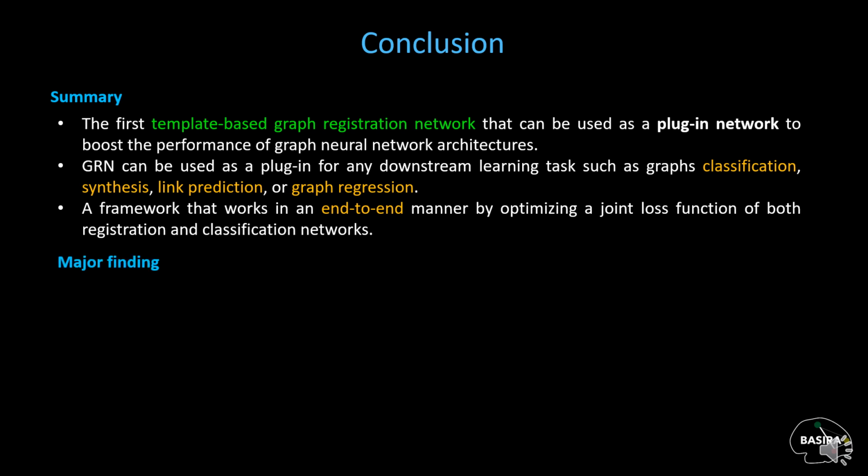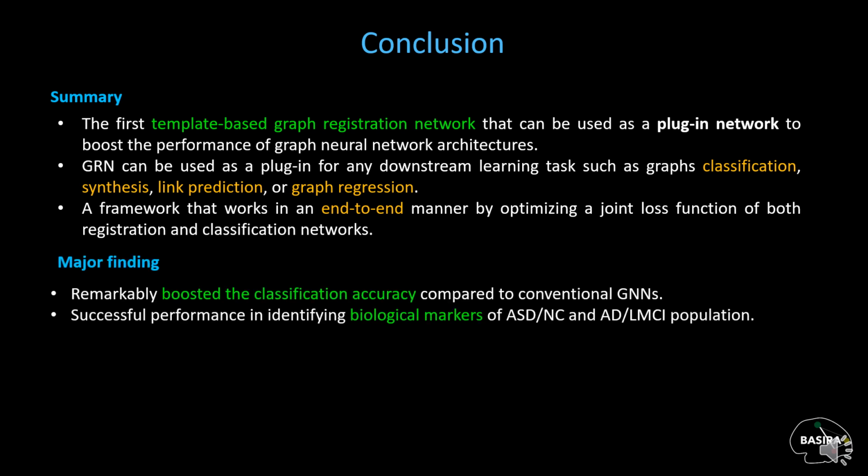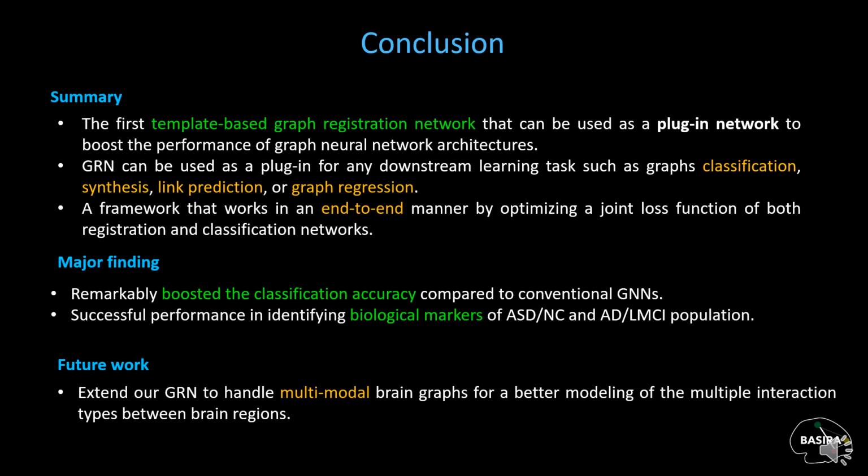GRN combined with the comparison GNNs remarkably boosted the classification accuracy compared to bare comparison GNNs. We further investigated our framework's performance by identifying the biological markers of autism spectrum, late mild cognitive impairment, and Alzheimer's disease. In our future work, we will extend our GRN to handle multimodal brain graphs for a better modeling of the multiple interaction types between brain regions.